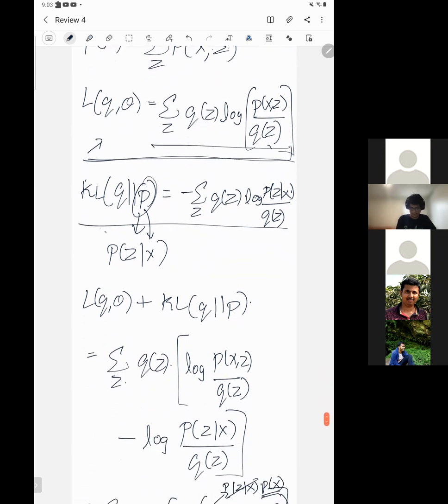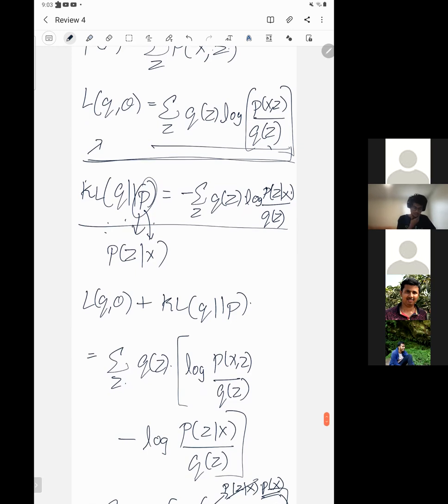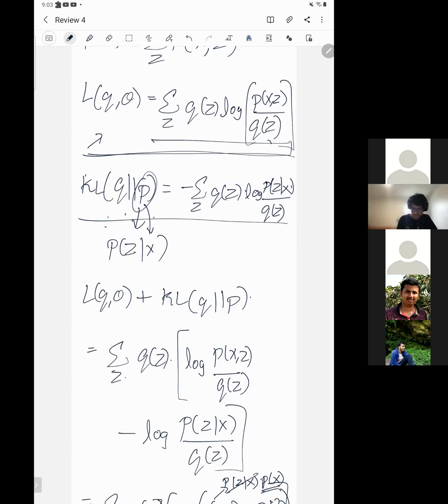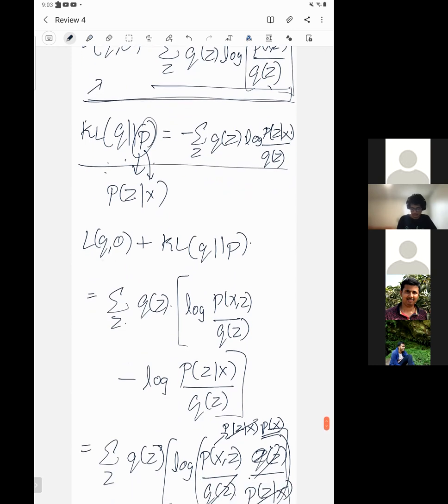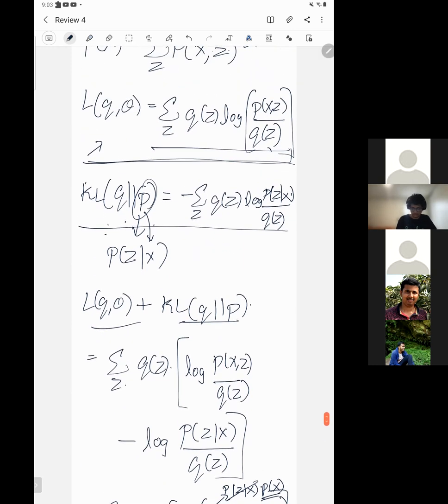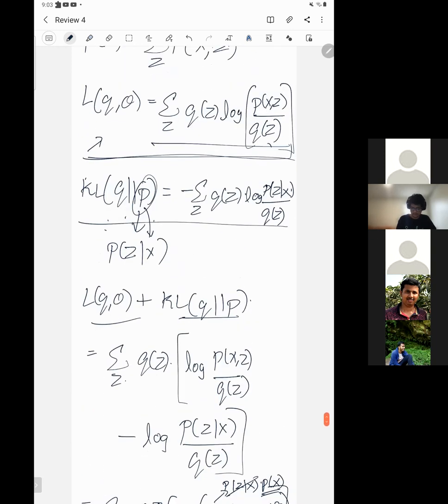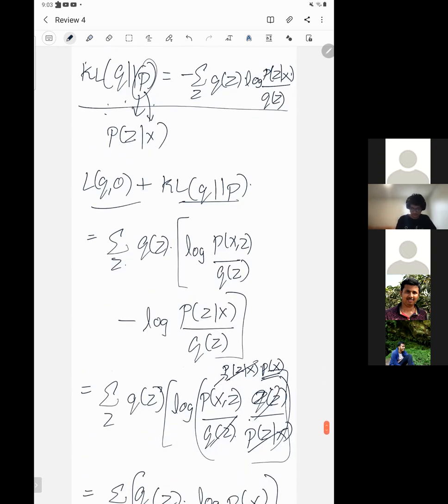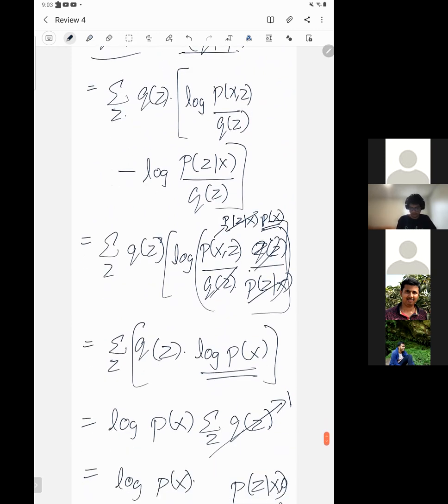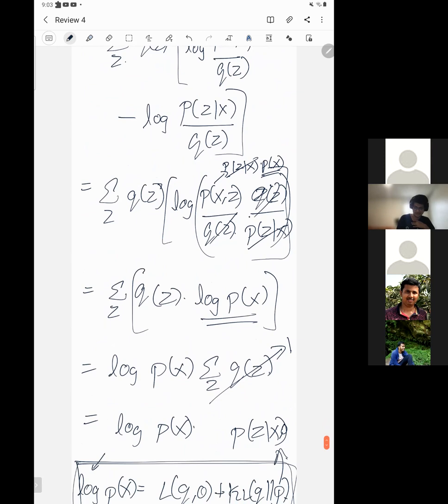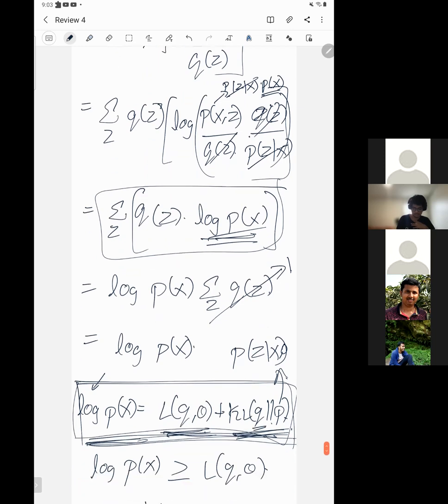In the KL divergence, we define P as the posterior of z given x, where z is a latent variable. If we add both of these terms, the lower bound and the KL divergence, the q of z terms become common. Then we apply the logarithmic rule, writing the joint probability of x comma z as p of z given x times probability of x, and q of z cancels out, p of z given x cancels out, and we are left with this term. Then log p of x is independent of the latent variable z, so that comes out.